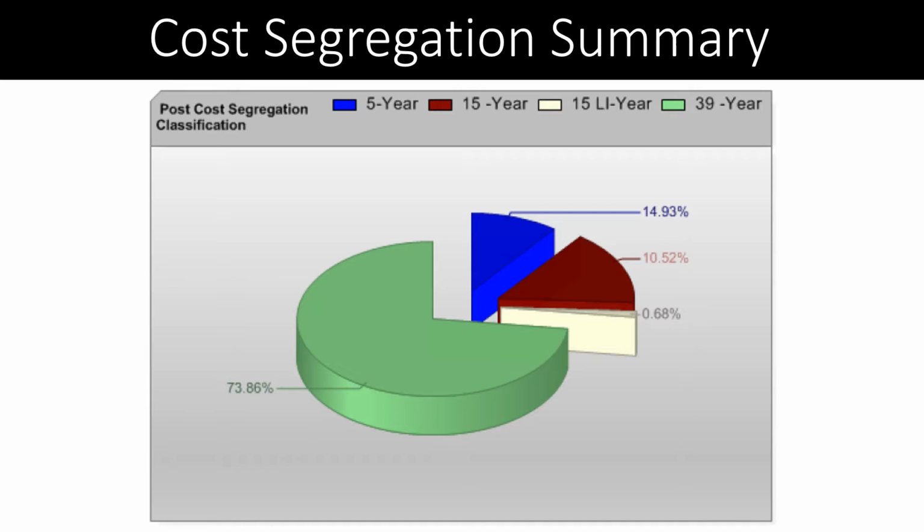After cost segregation, 14.9% has been reassigned to a 5-year personal property classification, 10.5% to 15-year land improvements, and 0.68% to 15-year leasehold improvements. The property owner's accountant can use the dollar amounts behind this chart to adjust the depreciation expense going forward in accordance with the new depreciation lives for each asset class, resulting in faster overall depreciation and reduced income taxes.